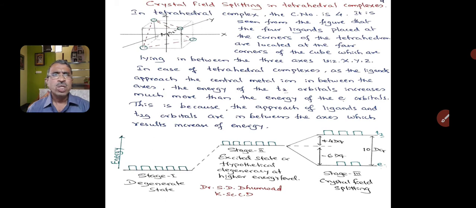This is because the T2 orbitals are in between the axes, which results in an increase of energy.